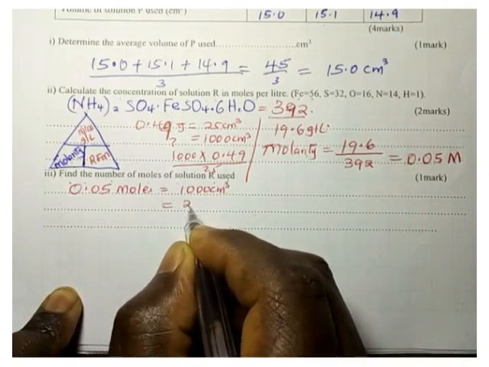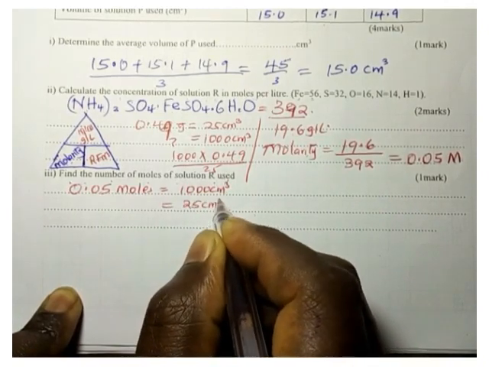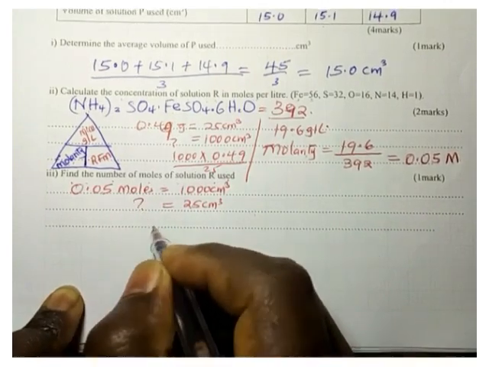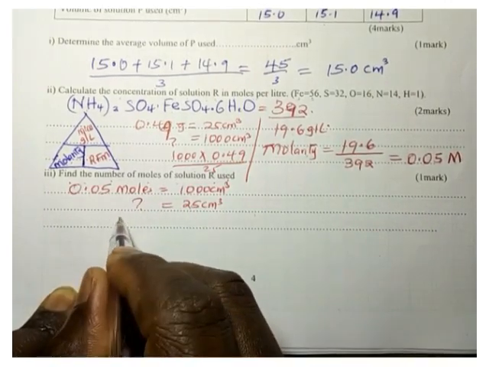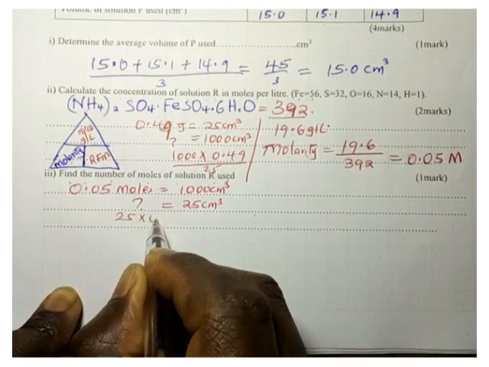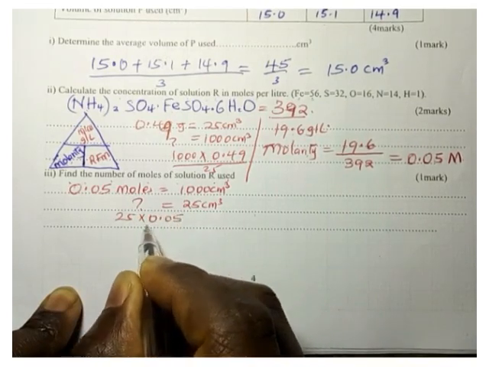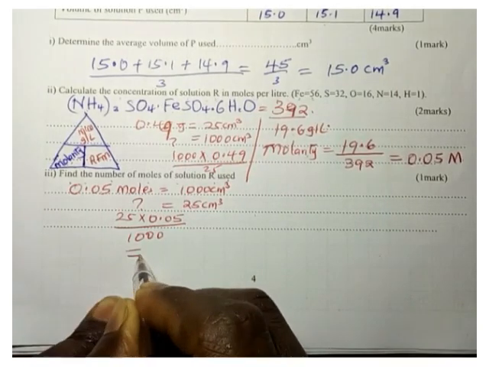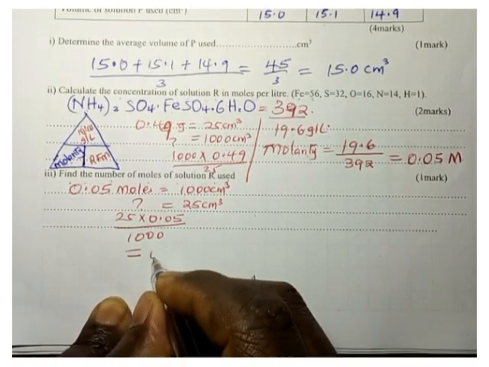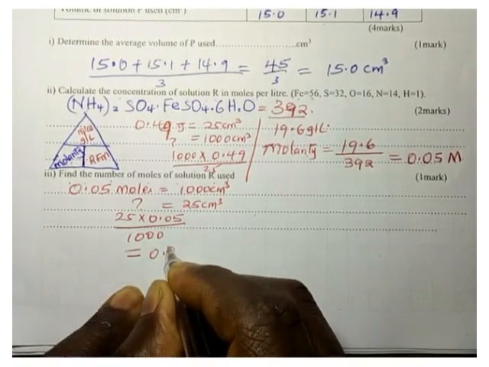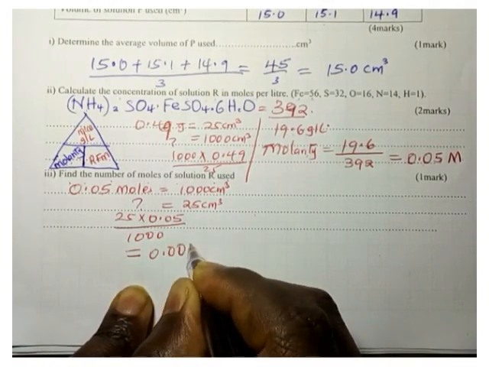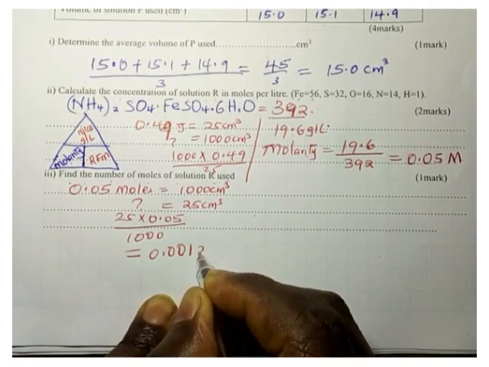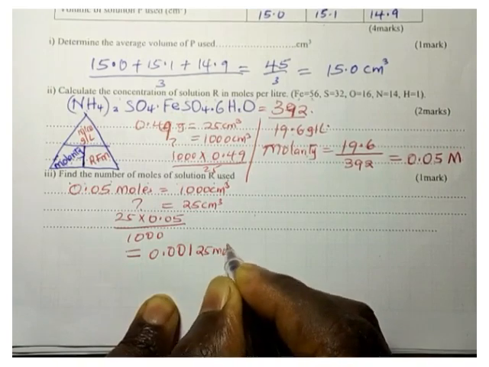What will be the number of moles of 25 centimeters cube, the one we pipetted and used? So this one will be 25 times 0.05 divided by 1,000. This one is going to give us 0.00125 moles.